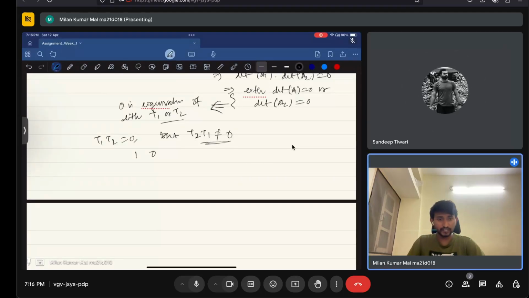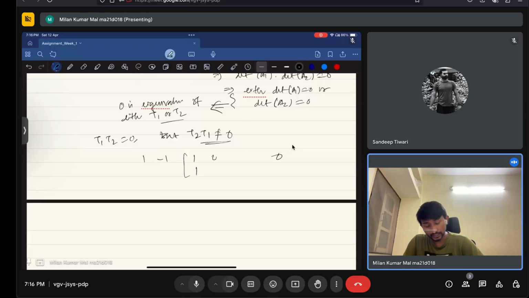But we have to give AB and BA such that AB equals 0. One can consider what are the AB, BA for which this happens. But T1, T2 also need to be 0. That is also one thing. So if I write 1, minus 1, and 1, 1, then the first term is 0.